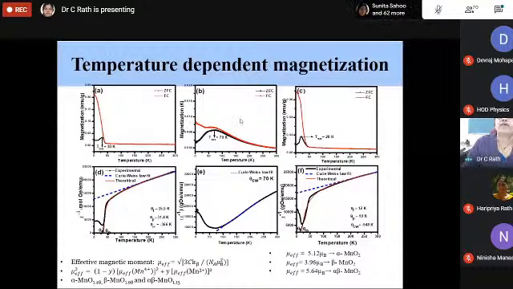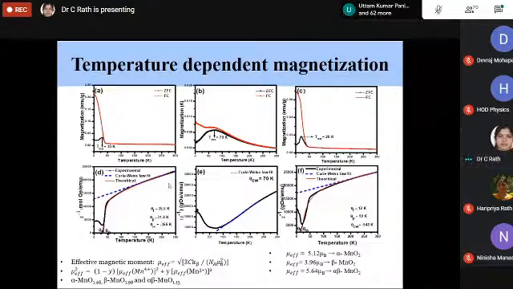However, when we measure this 1 by chi versus T, it shows the antiferromagnetic behavior, but this beta MnO2 doesn't show this antiferro, it is on the positive axis. And that could be due to this two sublattice model which I discussed, that both the sublattices are antiferromagnetic, but each sublattice is ferromagnetic.